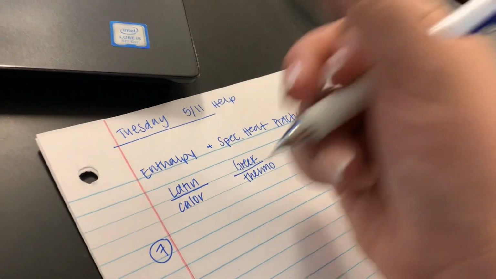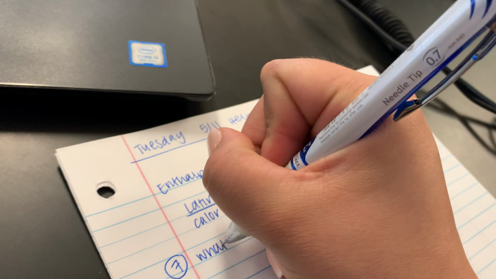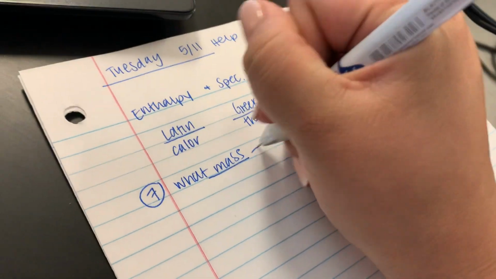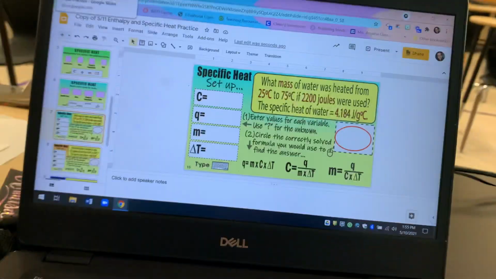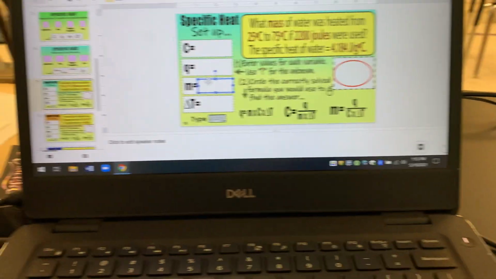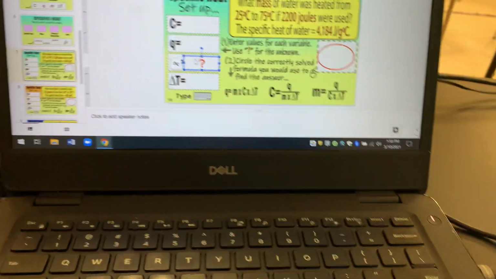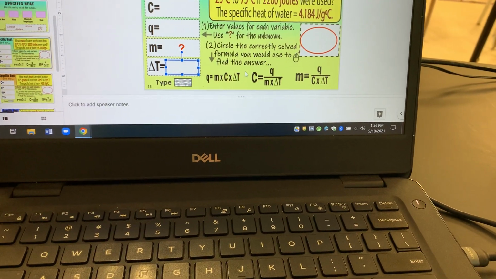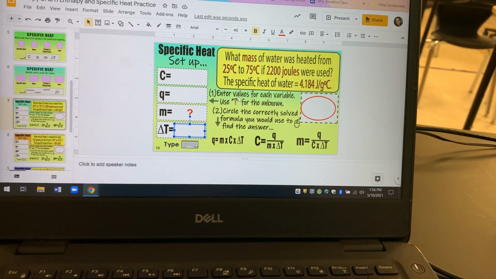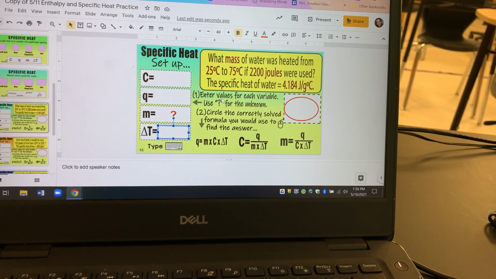So this problem says, what mass? Right off the bat, what do we know that we're probably calculating? Probably m, right? So we can go ahead and put a question mark for m over here. Then it says, was heated from 25 degrees Celsius. So from, which means that would be our initial temperature.